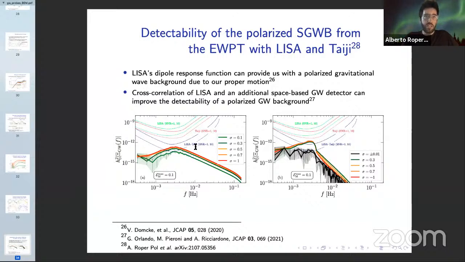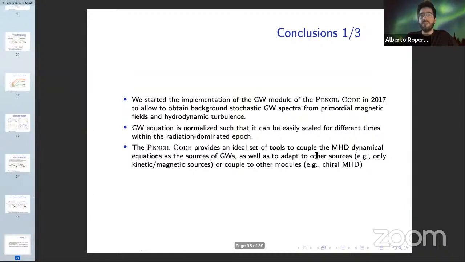In our case, this is not enough, but it was also proposed that if we have in the future two space-based detectors working, we can cross-correlate their data in order to detect polarization. And in that case, these magnetic fields and their polarization could actually be detectable in the case where the magnetic field is initially driven with a signal-to-noise ratio above 10, which is plotted in this case.